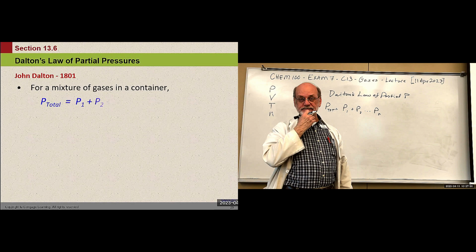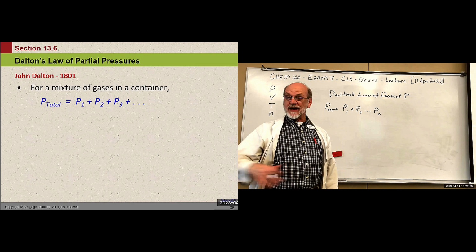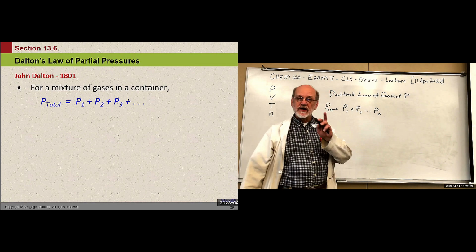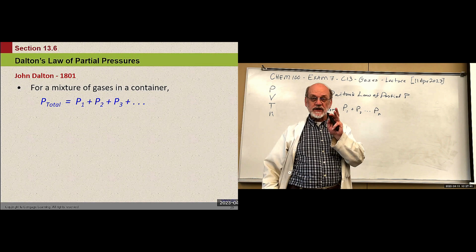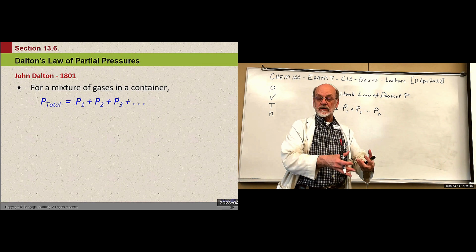That's it. Doesn't matter how many gases you have. The total is always the summation of the partial pressures that each individual gas would exert if it were separated from the mixture in its own container.